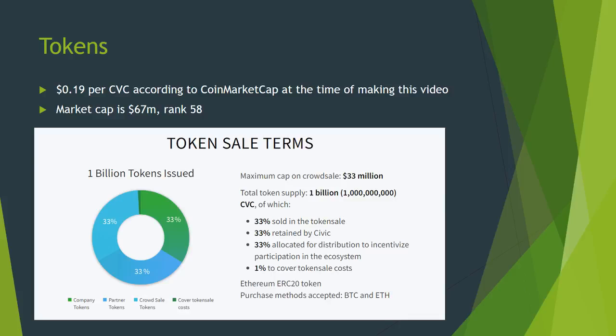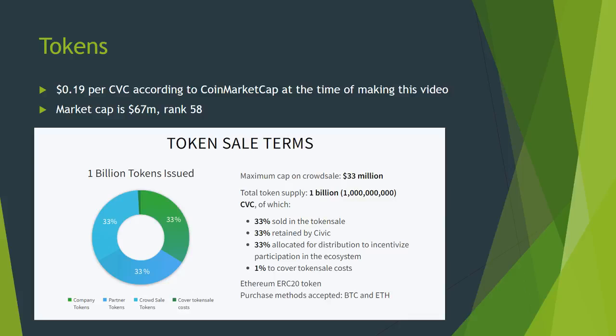But yeah, so there's a total supply of 1 billion tokens. 33% goes to Civic, 33% is sold in the ICO, and the rest of the tokens are going to be implemented when the new blockchain is out. They're going to start giving those out to requesters and validators and all that.